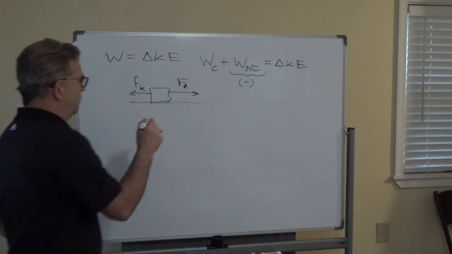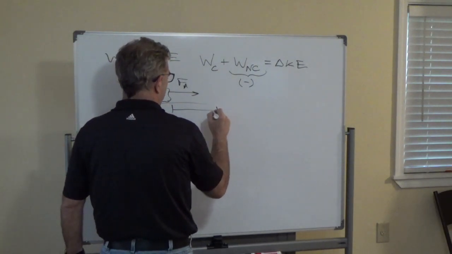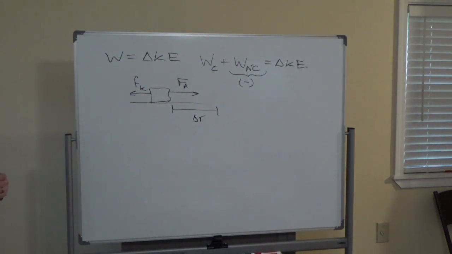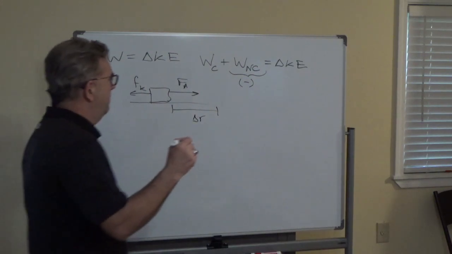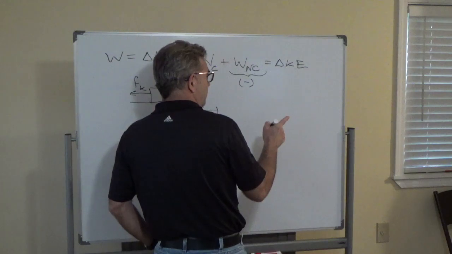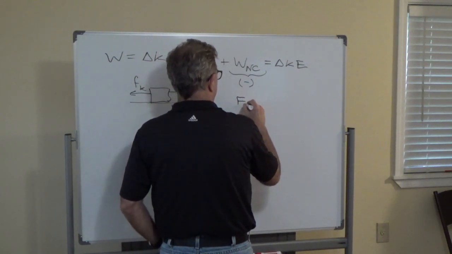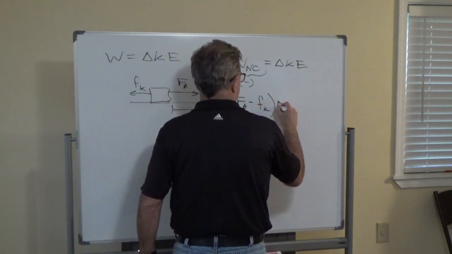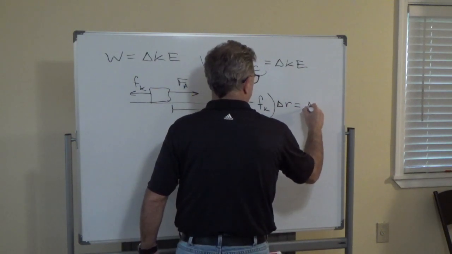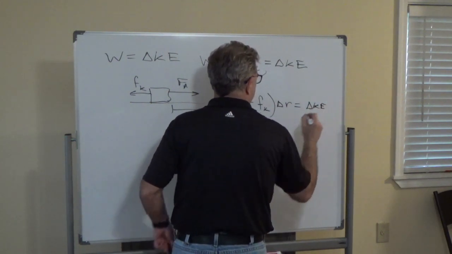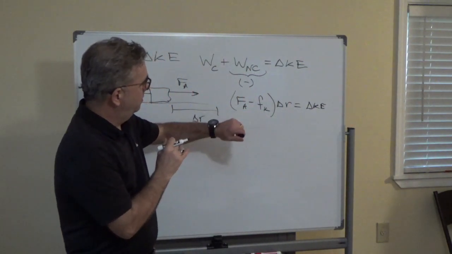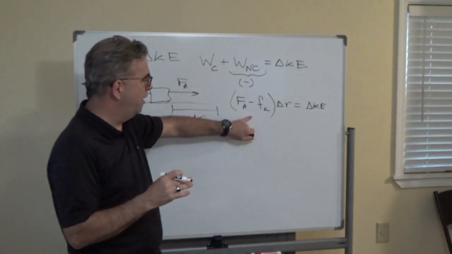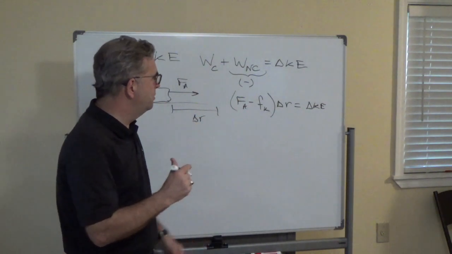And you slide the object through some short distance, delta R, and the net work is F_A minus F_K times delta R, and that is equal to delta KE, okay? This is the net force acting on the system. I'm ignoring the gravitational force, I'm ignoring the normal force.